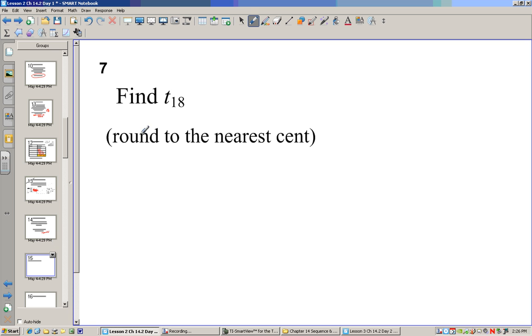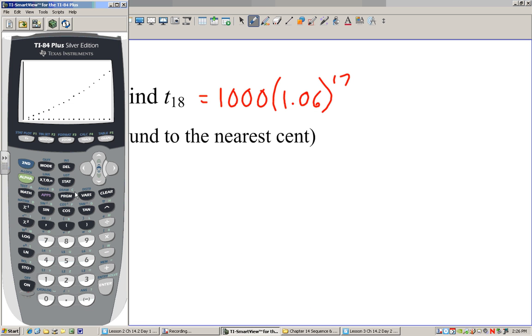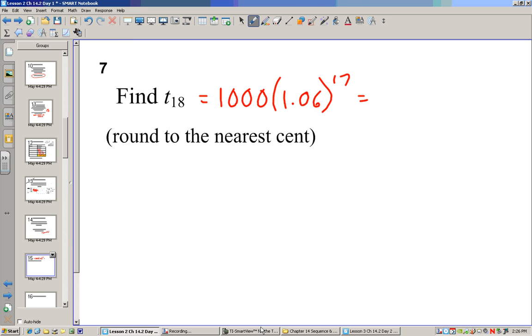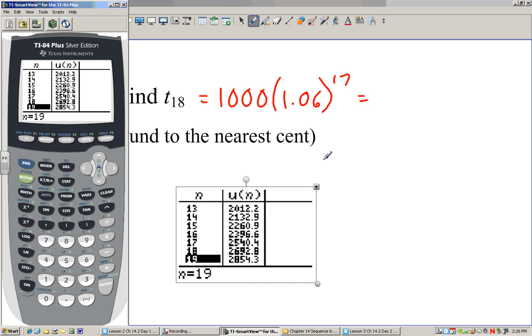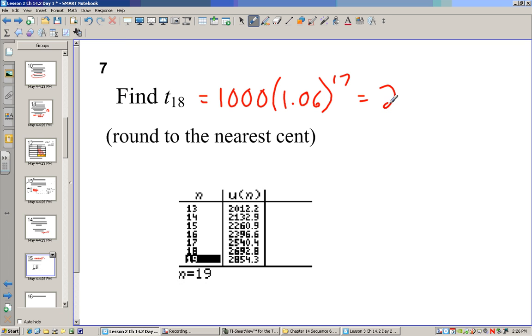So if we want to find the 18th term, we'd do 1,000 times 1.06 to the 17th power. Back to the trusty calculator. Or actually, we could have just looked at our calculator. This might have been easier, since it's already plugged in our sequence mode. This would be 2,692.8.